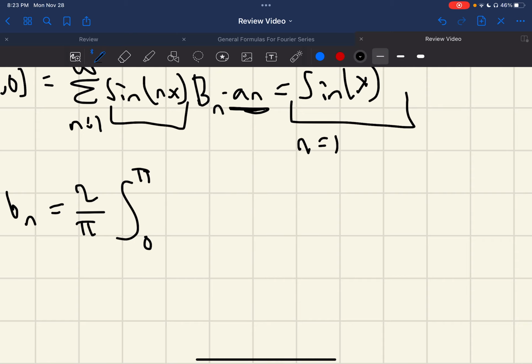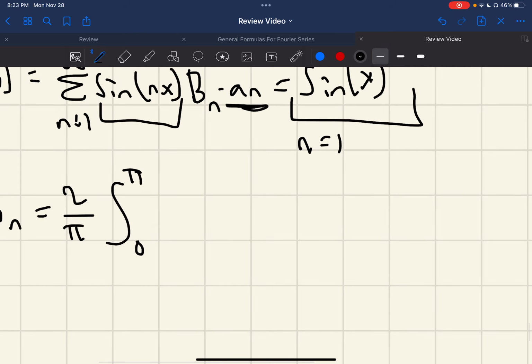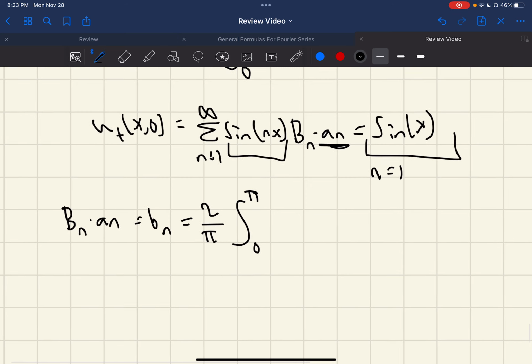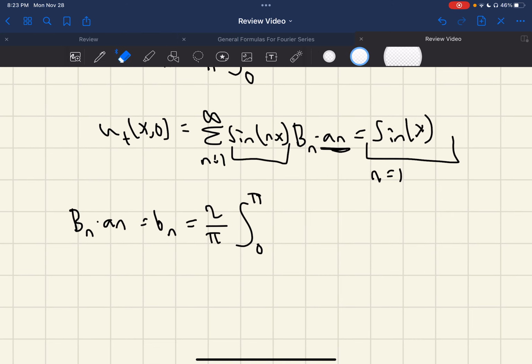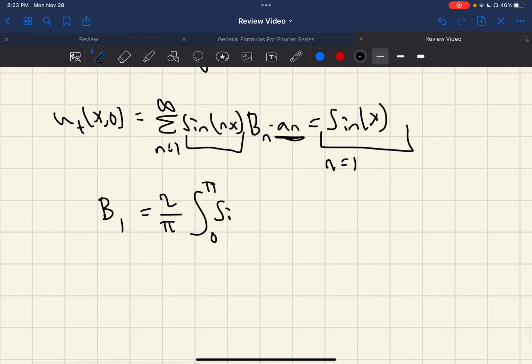So we assume we're making n equal to 1, which means that we're really trying to find, instead of bn, b1, because n is 1. So we plug in 1, it becomes sine of x times sine of x, so sine squared.